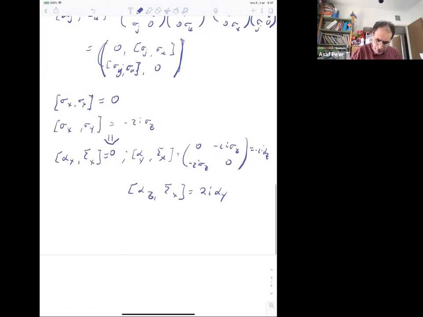And I don't need to show it because it's pretty much straightforward that the commutator of beta and Sigma x is equal to 0. Beta is a 4 by 4 matrix, so that needs to be a capital Sigma. I still have many typos in my notes.